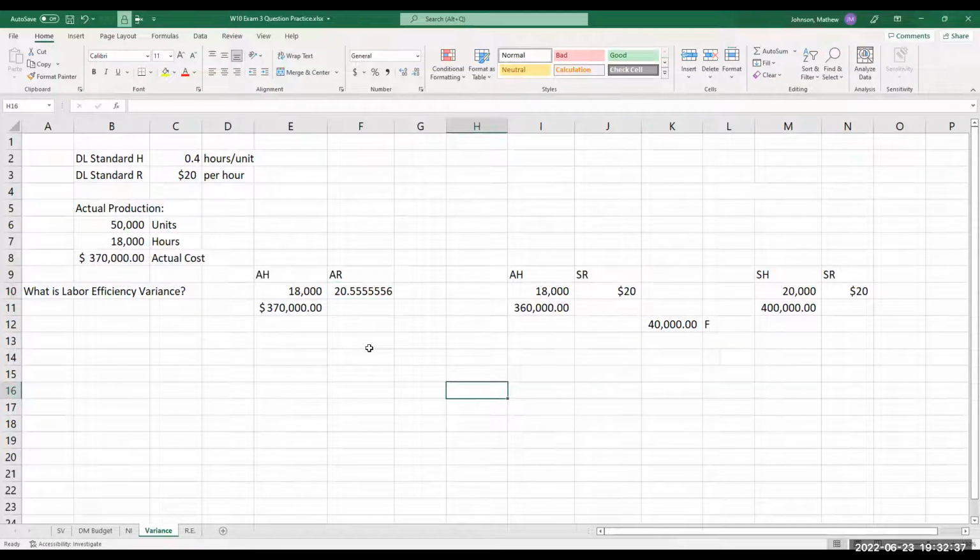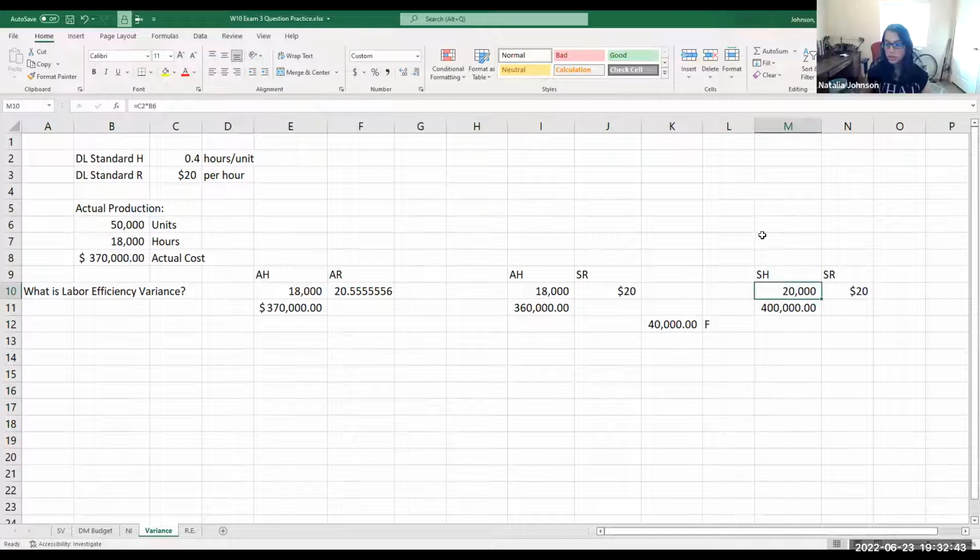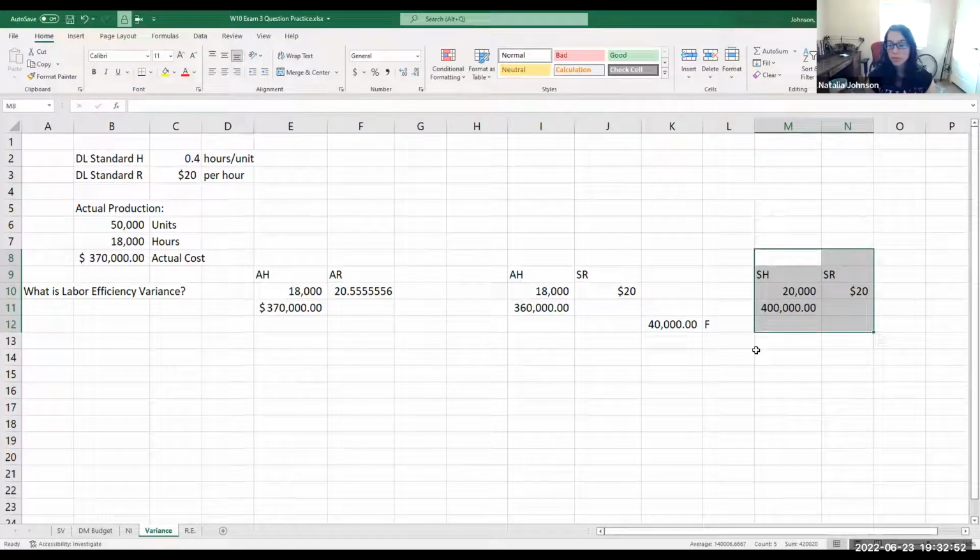How did we get the standard hours on the right hand side again? So this third column, it's helpful if you remember that the third column of the standards is the flexible budget. So remember that the flexible budget is all the standards times the actual units.